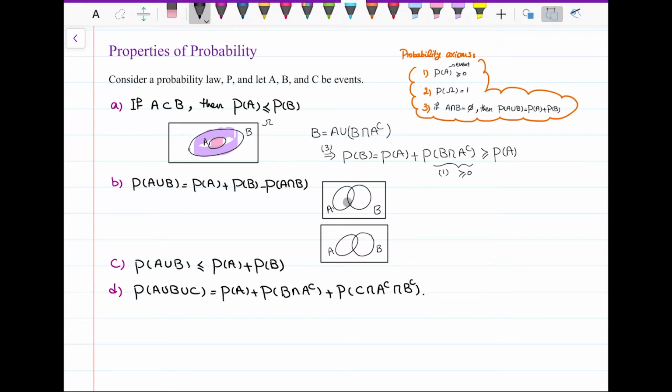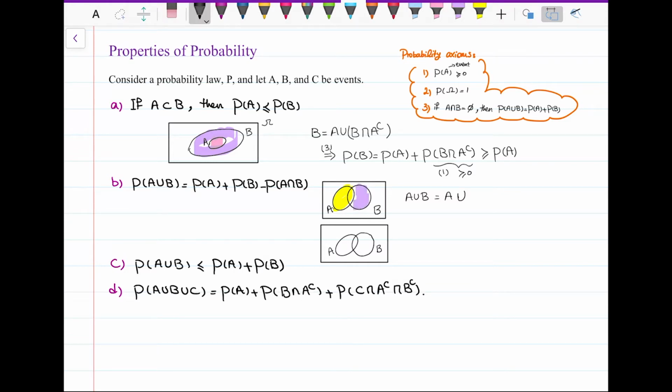So look at this one. Probability of A union B. A union B is basically everything. So I can write A union B as what? I can write this as A, the whole A is here, and I take the union of A with this part.